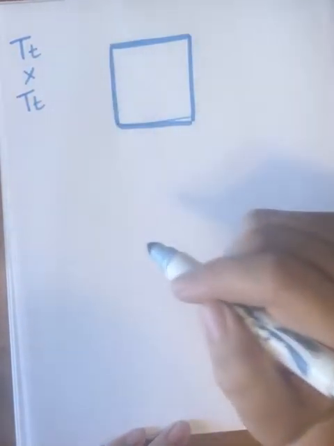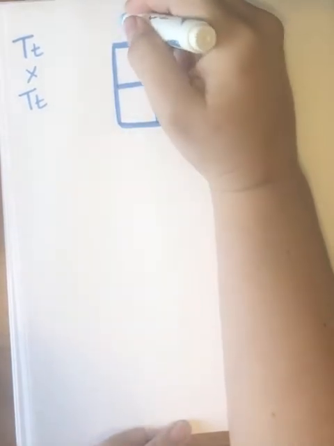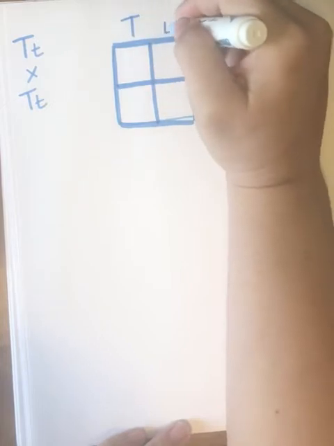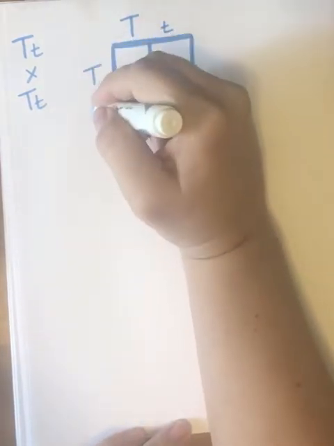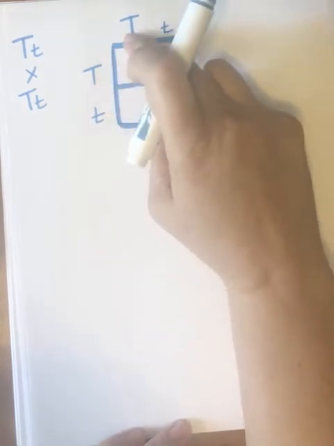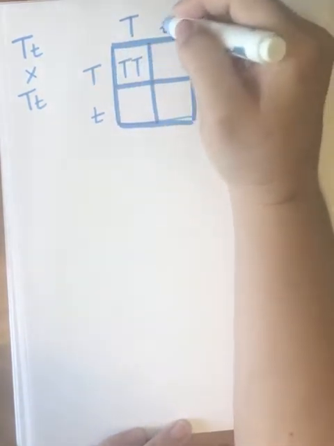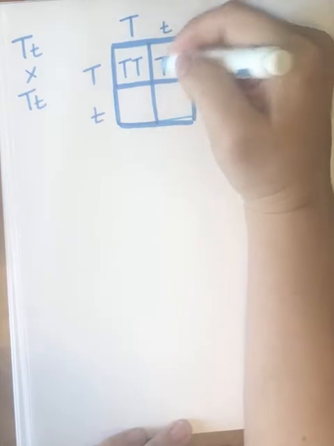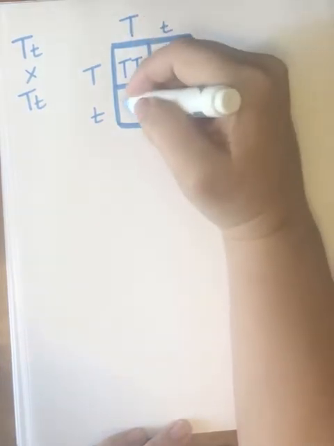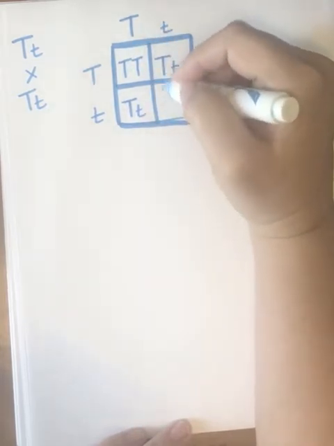So the F1 generation is going to self-fertilize. So you draw your Punnett square. You put one plant on top, big T, little t, and the other on the side, big T, little t. Now you cross fertilize, but this is self-fertilization because they're the same. And then you put the letters inside of the square. So big T, little t, big T, little t. You always put the big T on top.